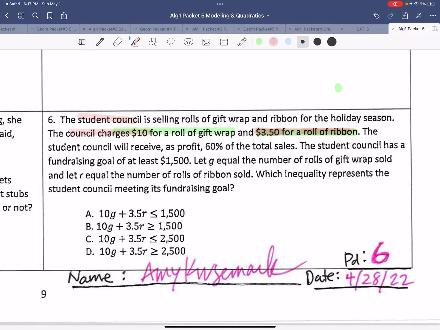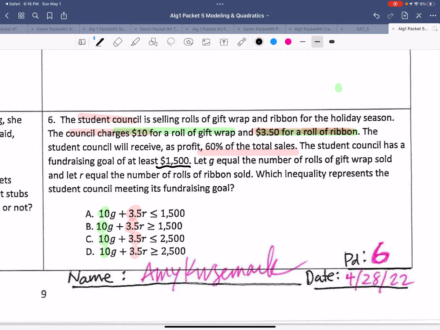So we see these numbers show up here, gift wrap and ribbon. The student council will receive profit as 60% of the total sales. The student council has a fundraising goal of at least $1,500.